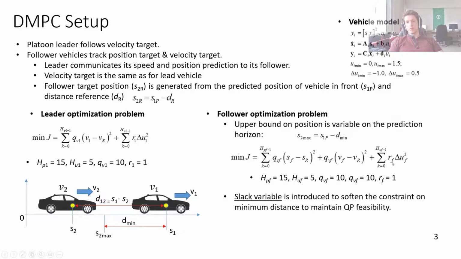And we have to set a trade-off between these two with acceleration as well. In this MPC, we introduced a slack variable to soften the constraint on minimum distance tracking to maintain the feasibility. So the minimum distance constraint is here transferred to a maximum position constraint. So we have an upper bound on the follower vehicle position, and this is softened with a slack variable.